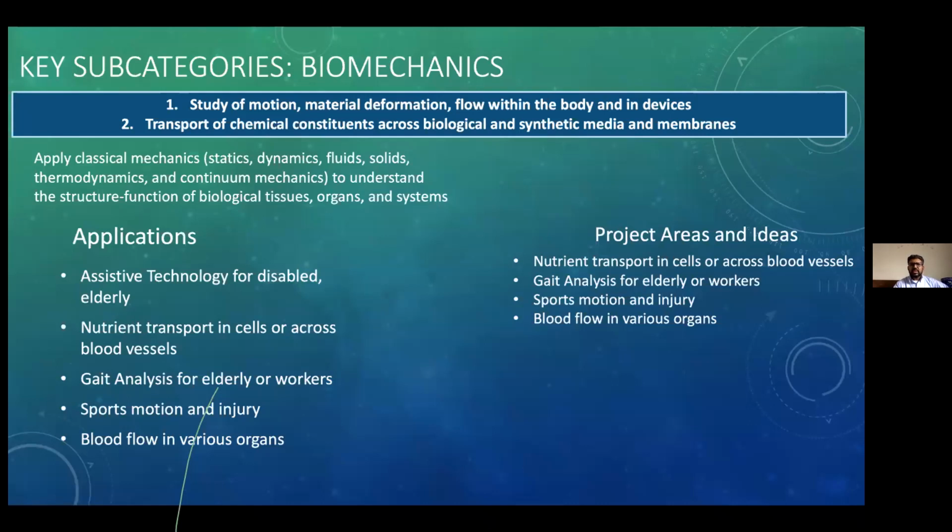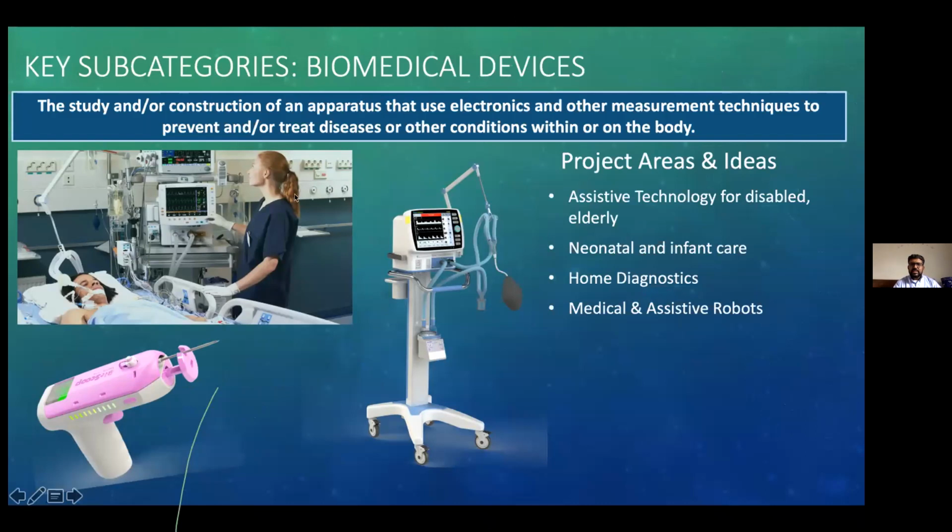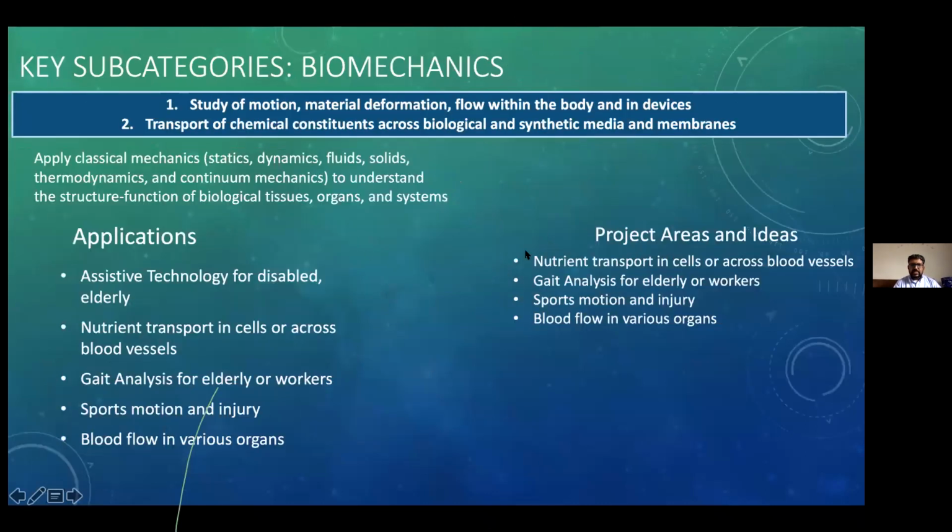If you are a worker who carries heavy equipment, then the way you lift things becomes very difficult if you don't have good gait and strength on your body. So that's another good application of biomechanics.